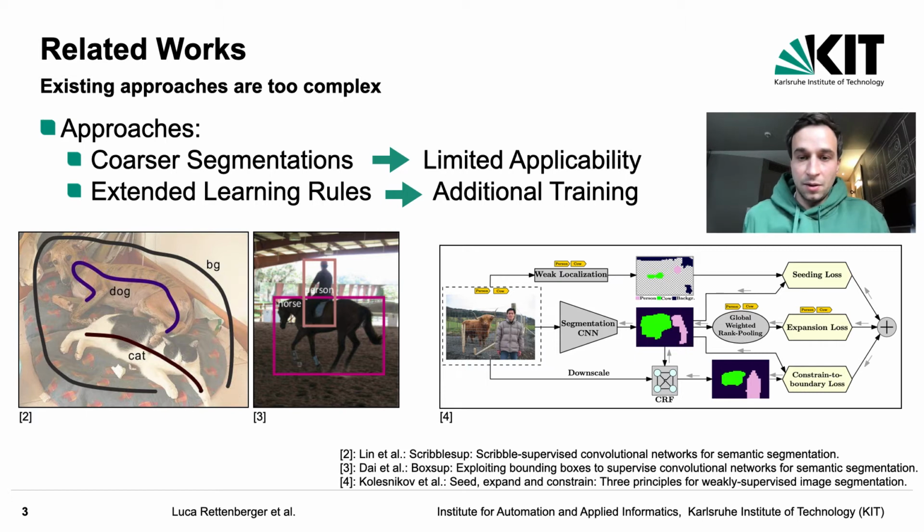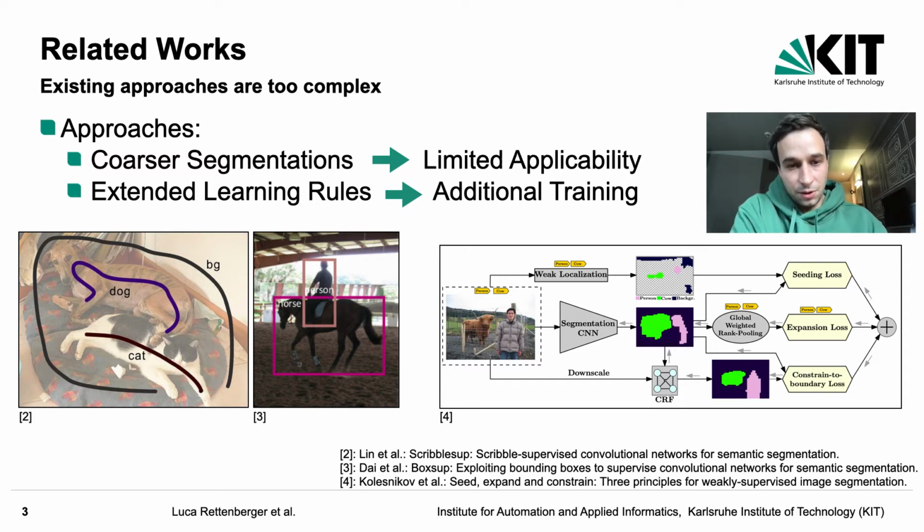Another type of approach is to extend the learning rules for the segmentation network. We can see a quick summary overview of such an approach here on the bottom right, and we can see that those extended learning rules tend to be very complicated. This is not a big deal if you have many samples, but like I already said, in biomedical engineering this is often not the case, so annotations are very valuable.